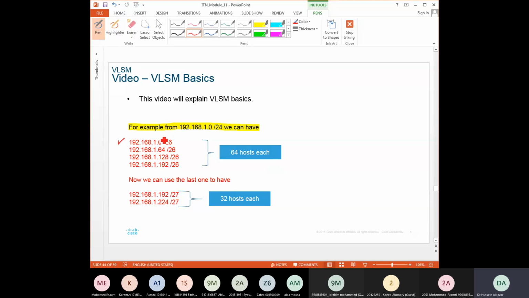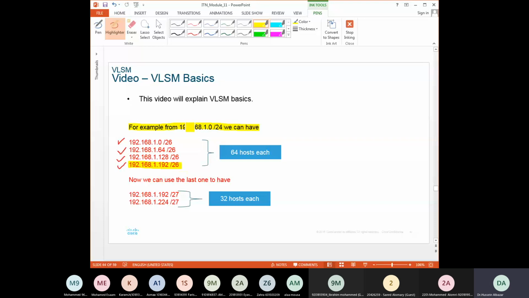So we'll add 64 here: 192.168.10.64, .128, .192. Now, what's the VLSM? We'll take the last one. Because of this, we say to start from the larger to the smaller.